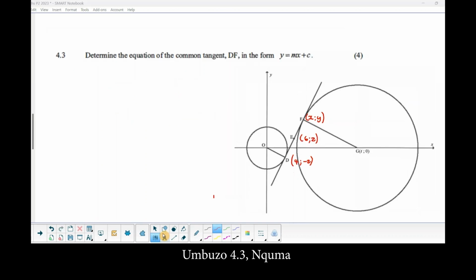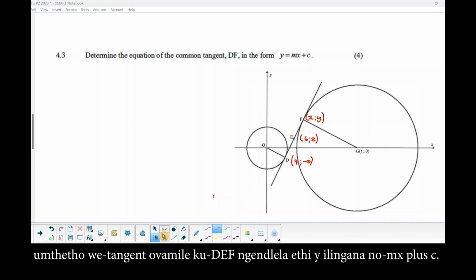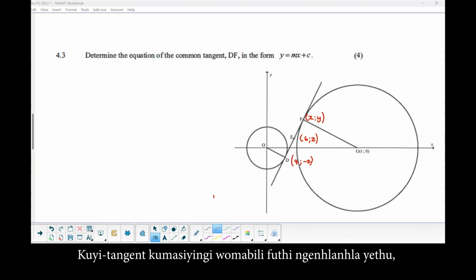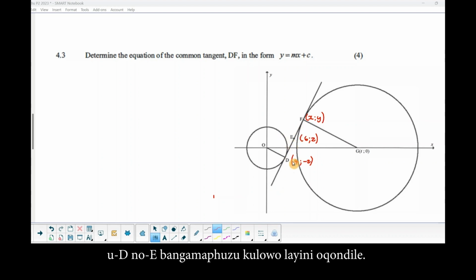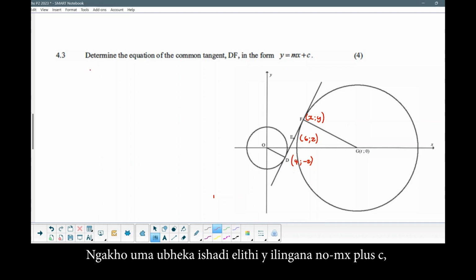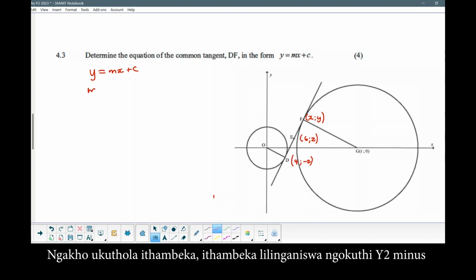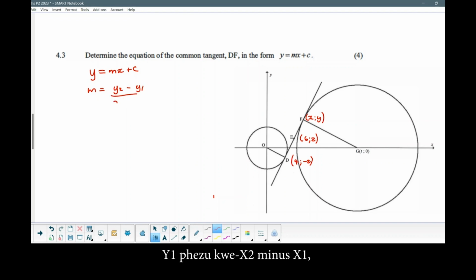Question 4.3. Determine the equation of the common tangent DF in the form y equal to mx plus c. So here's your DF. It's a tangent to both circles, and fortunately for us, D and E are points on that straight line. In y equal to mx plus c, your m is your gradient and your c is the y-intercept of that line. To find the gradient, it is y2 minus y1 over x2 minus x1.